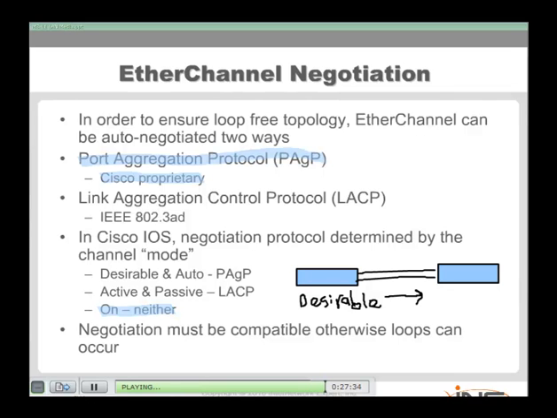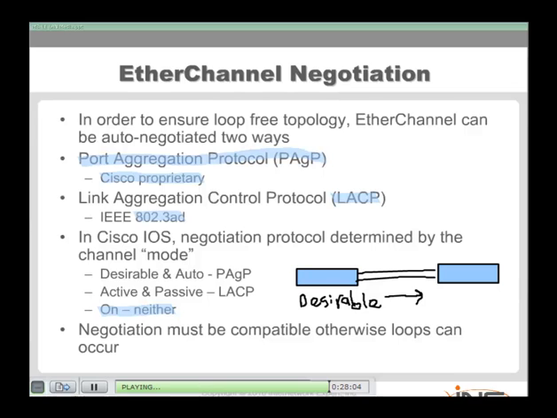As an alternative, we really seek technologies that are non-proprietary, open standard technologies. And the open standard version, if you will, of the PAgP protocol is the link aggregation control protocol, LACP. This is the official IEEE standard 802.3ad.